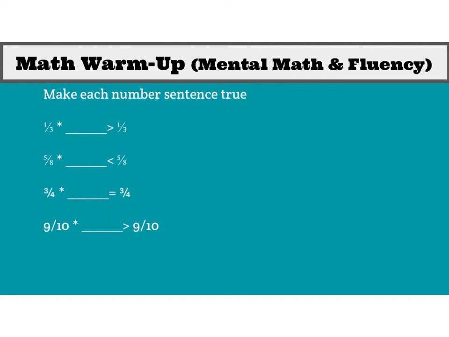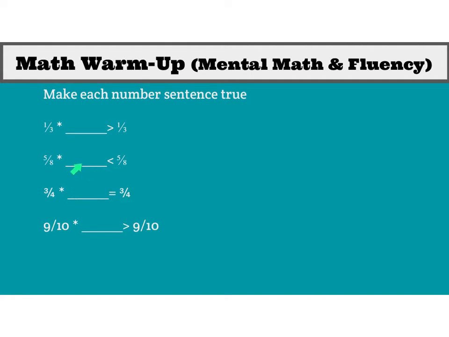So if we take a look at each one of these equations, if I place a fraction greater than 1 in this blank, then that's going to make this number sentence true. The same thing is going to happen here if I place a fraction that is less than 1, because notice our symbol this time is 5/8 is going to be the greater one.